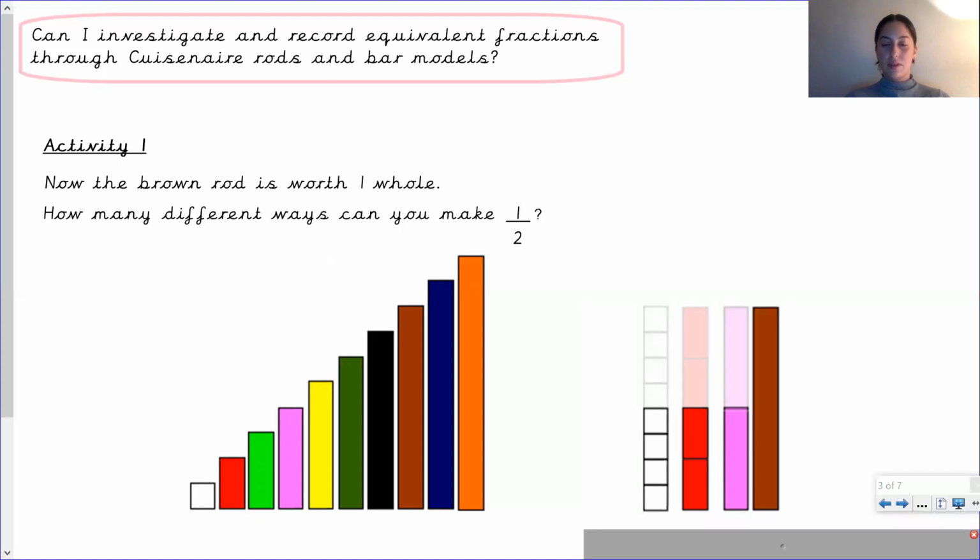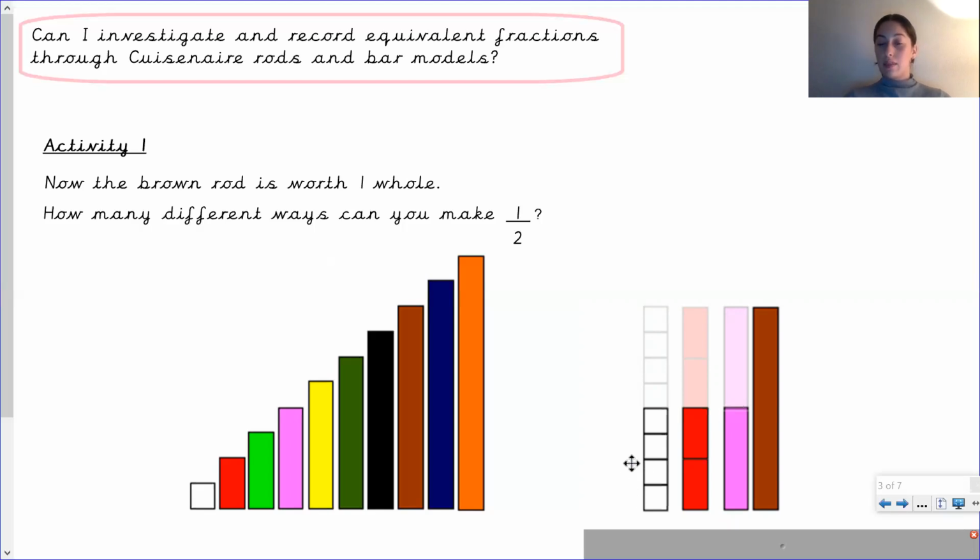Okay, so if we look over here, if the brown rod would represent 1 whole, half of it is represented by the pink rod because it comes to just halfway down the brown rod. Also, 2 of the red rods could also represent a half because they come up to the same place.